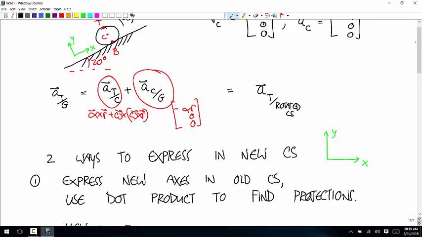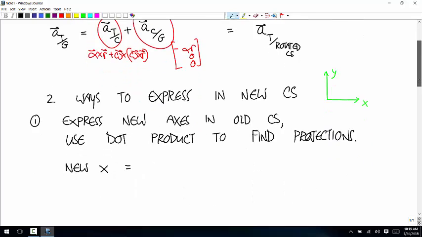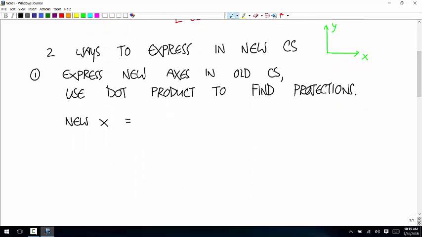So express this unit vector in your coordinate system, and the new x-axis is 0.940, negative 0.342. That's cosine and sine of negative 20.